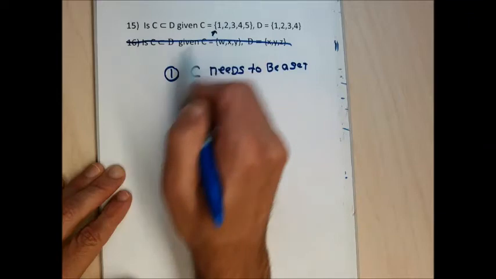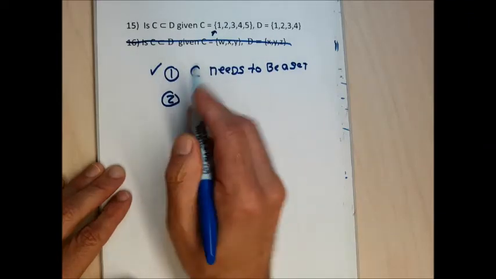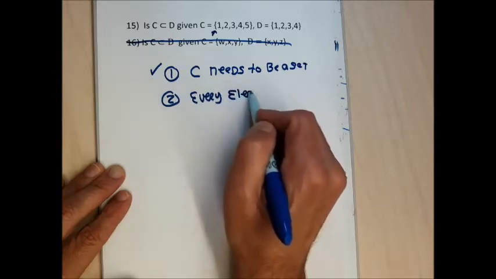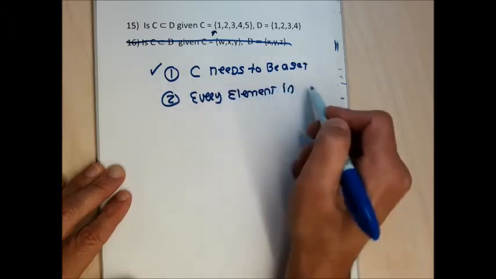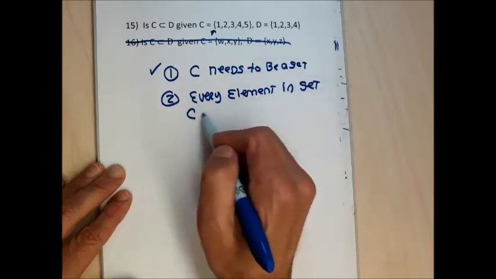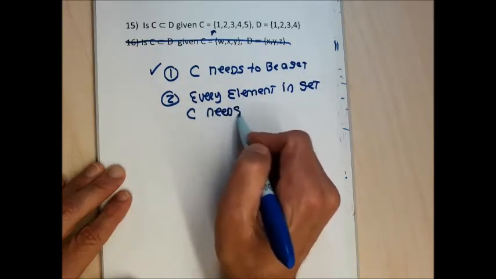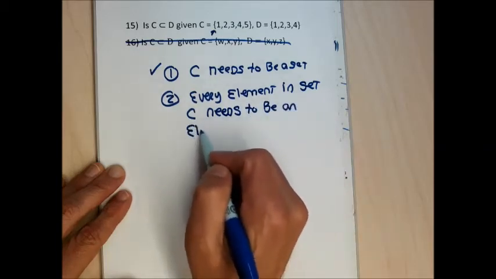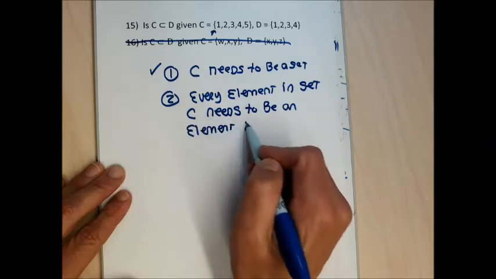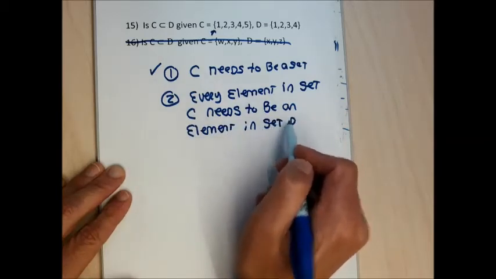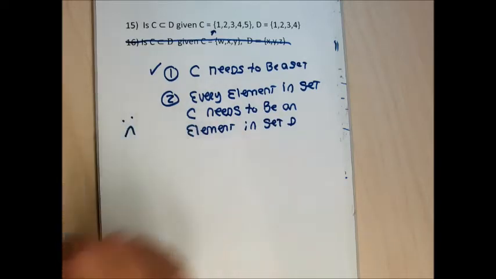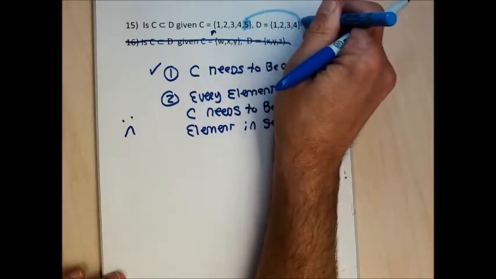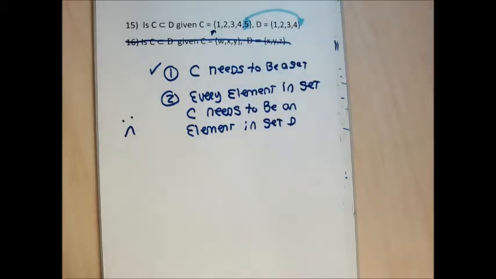Because I have the set braces, that rule is satisfied. Rule 2, every element in set C needs to be an element in set D. And this is where in problem 15 I'm going to mess up, because there's an element in set C that isn't in set D. So boom, I've violated rule 2.